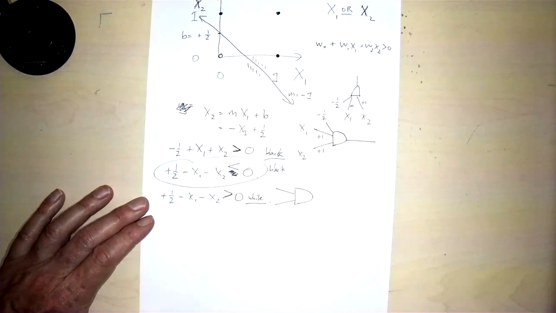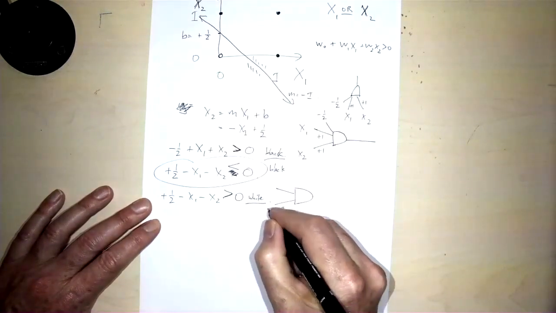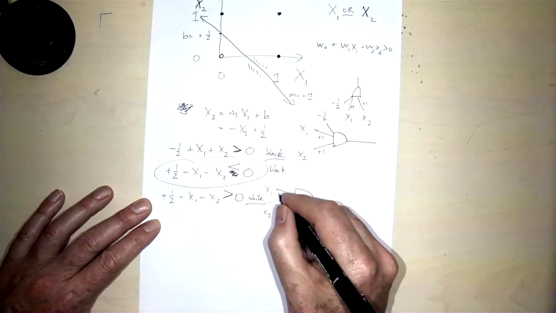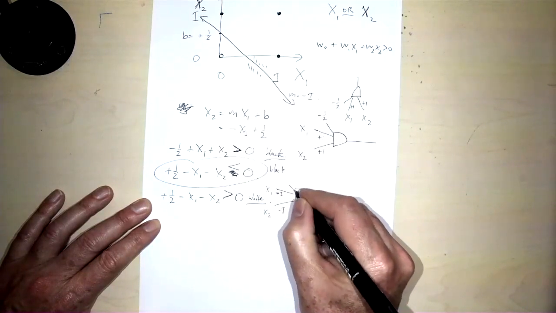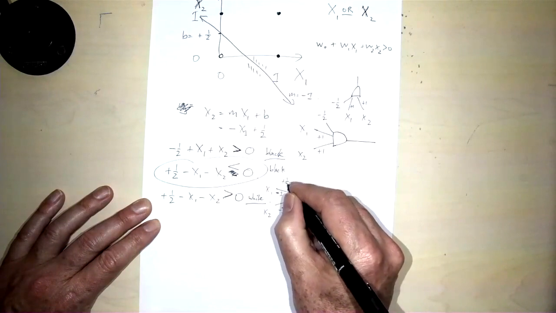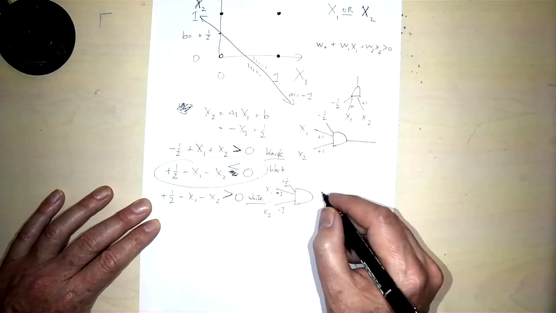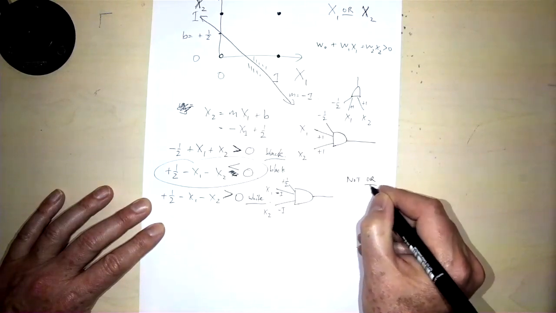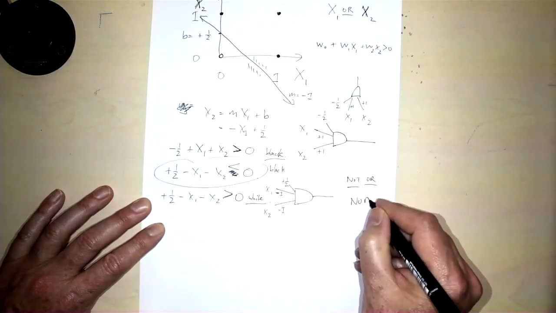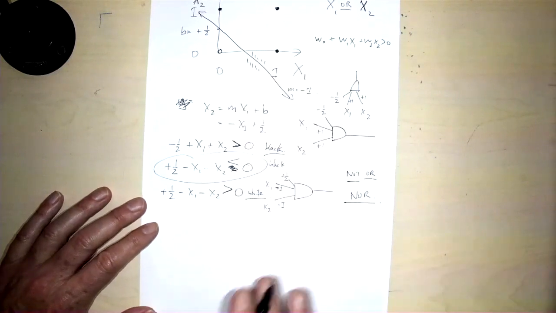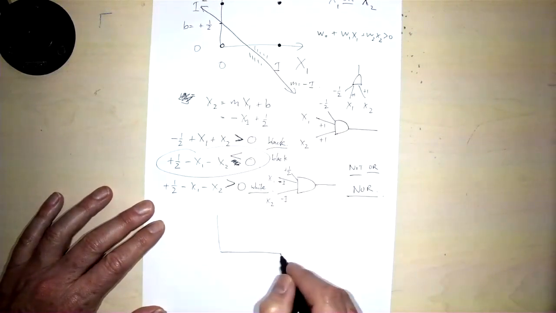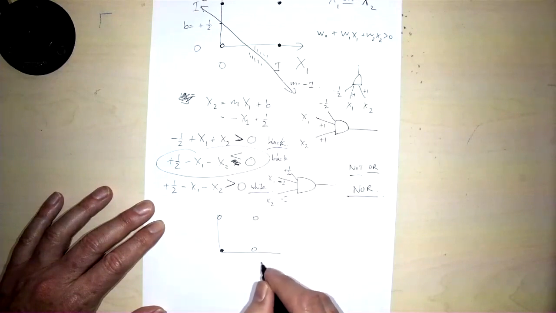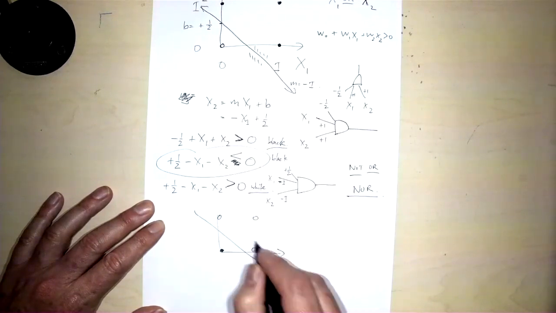So if I negate all the numbers, then I get a different logical function, which is not or, sometimes we abbreviate this as nor, right? So the nor function is true here and false here. So this is like the logical complement of that function.